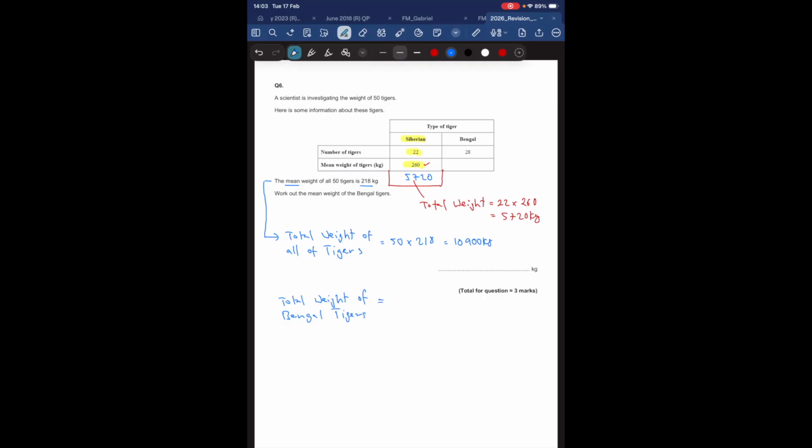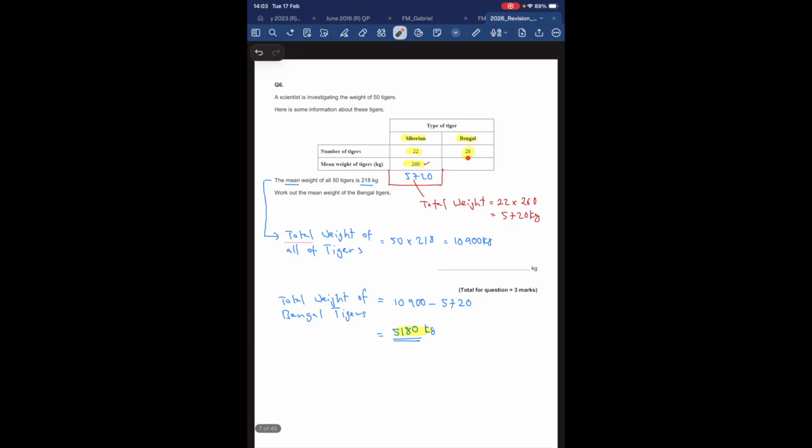And the total weight of the Bengal tigers is going to be 10,900 kilograms minus 5,720 kilograms, which gives us 5,180 kilograms. This value that we just calculated is the total weight of all of the Bengal tigers that we have in our sample. In other words, it's the total weight of these 28 Bengal tigers.